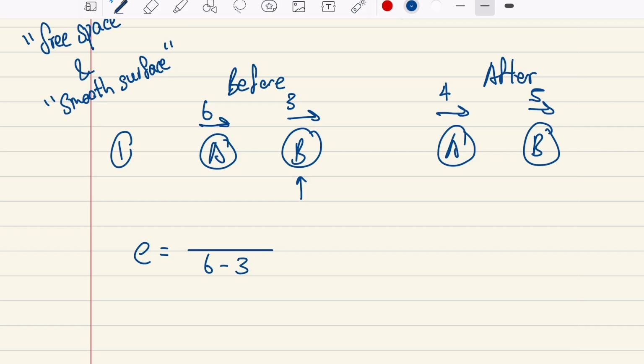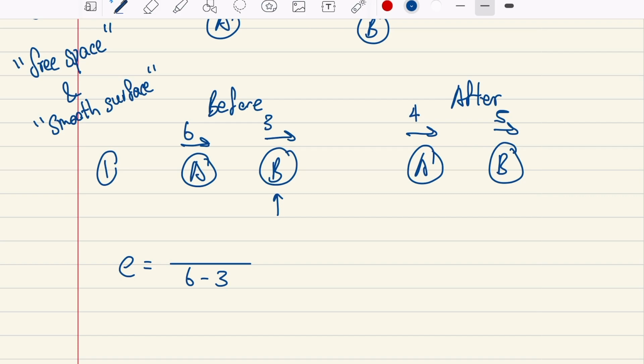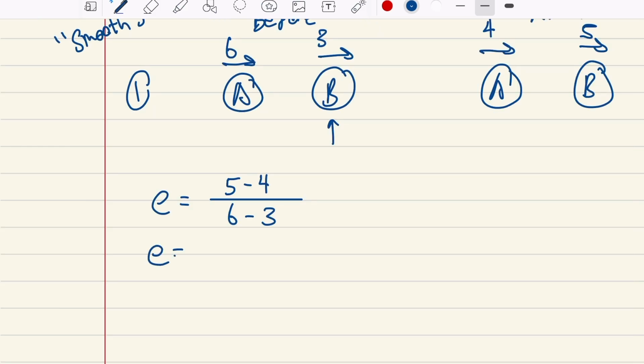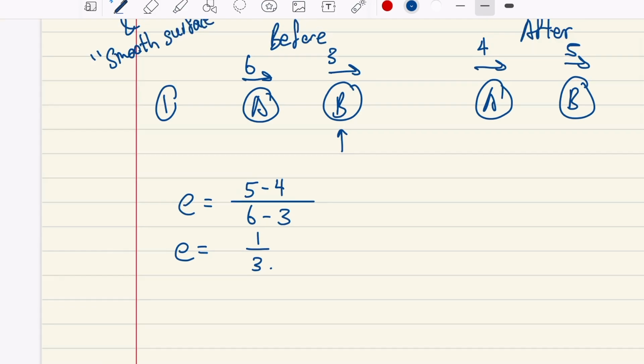Okay, what about after the collision? Same thing. Now we just need to imagine ourselves sitting on top of ball A. And if you look at ball B, it doesn't feel like ball B is moving with a velocity of 5 meters per second. Instead, it's moving with a velocity of 1 meter per second. So here, you also use minus. So now we know that the coefficient of restitution is 1/3.